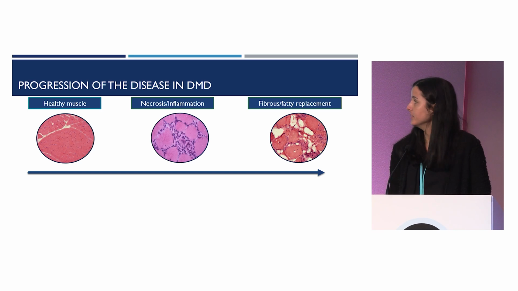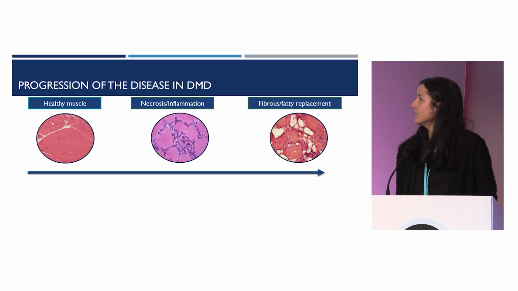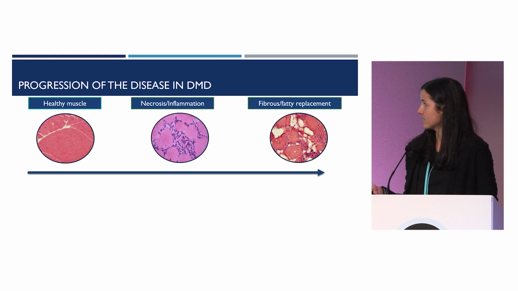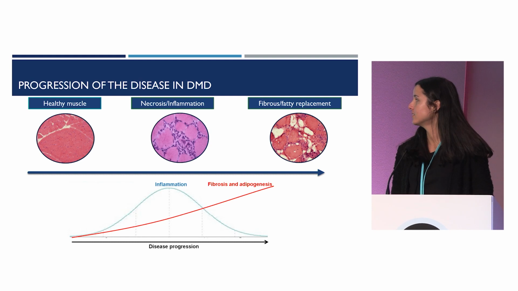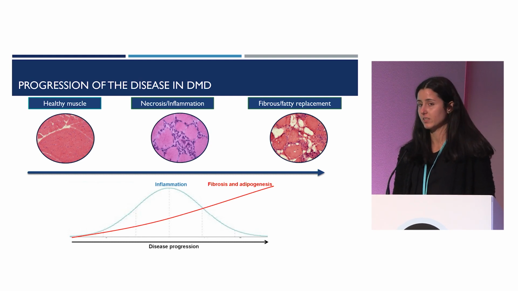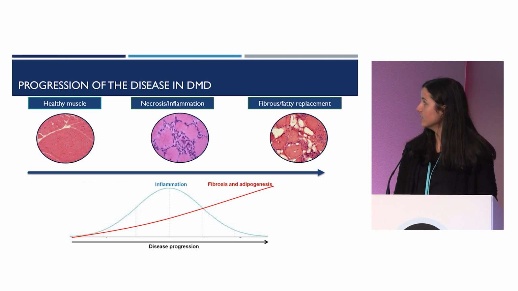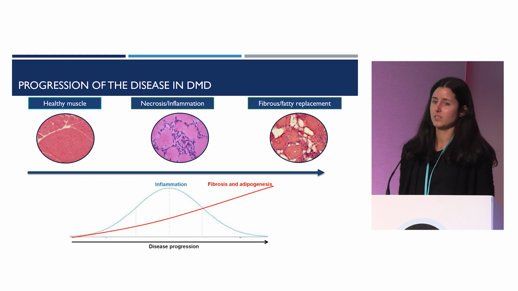If we look in more detail, in early stages of the disease, the muscle in the patient is more or less preserved because the damage from the absence of dystrophin has not really been done. But as the disease progresses, there is an increase of the inflammatory response in the muscle that is characterized by these small dots that you can see in the image.